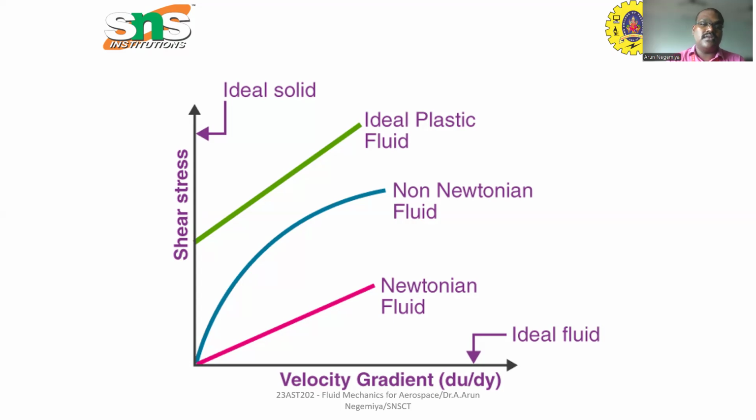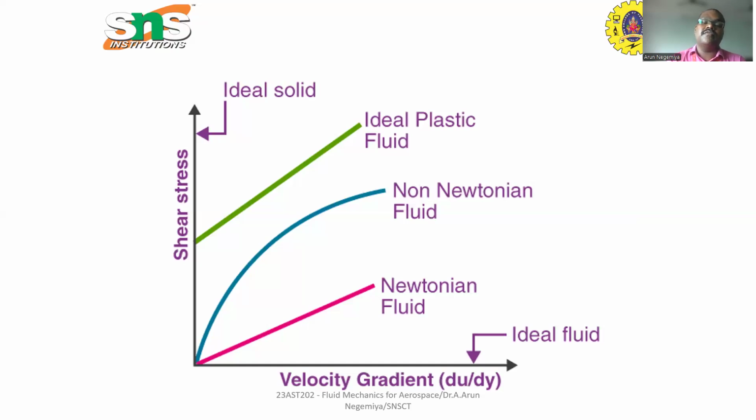That is called zero shear stress and zero velocity gradient. Next one is the ideal plastic fluid. It has a moderate velocity gradient and shear stress. Here the velocity gradient and shear stress are directly proportional to each other. For example, if shear stress increases, the velocity gradient also increases.